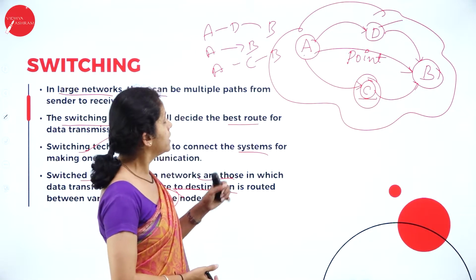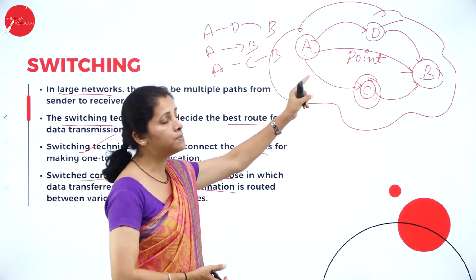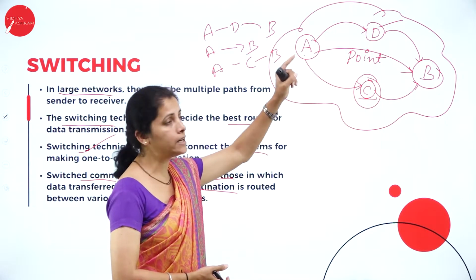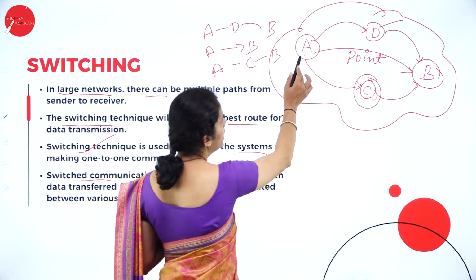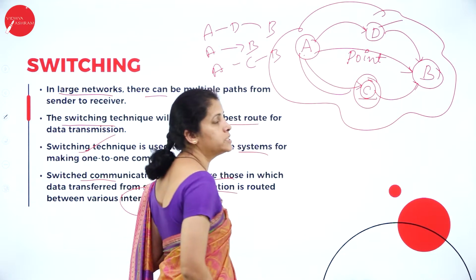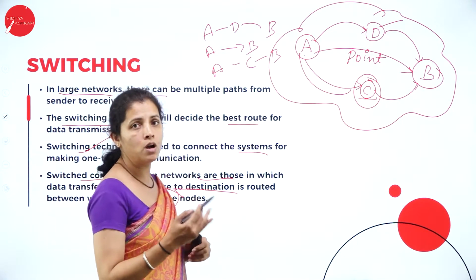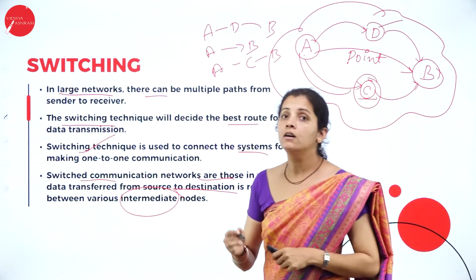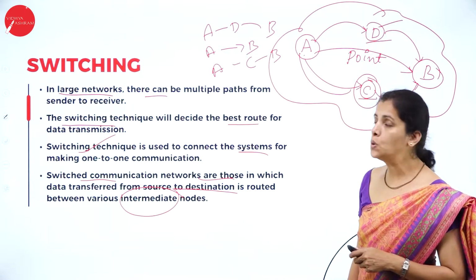In the sense what? A wants to send the data to D. Now D is responsible for forwarding that data to B. And in another scenario, A is going to send the data to C and C is responsible for forwarding the data to B. So here D and C are the intermediate nodes.